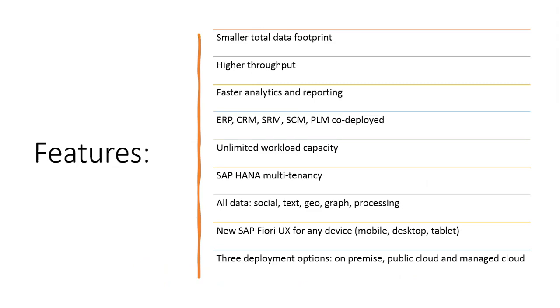Both online transaction processing and online analytical processing happen on one system. So the system, of course, uses the ACDOCA table. So we just have two tables, BKPF, which is the header, and the line item, which is ACDOCA.